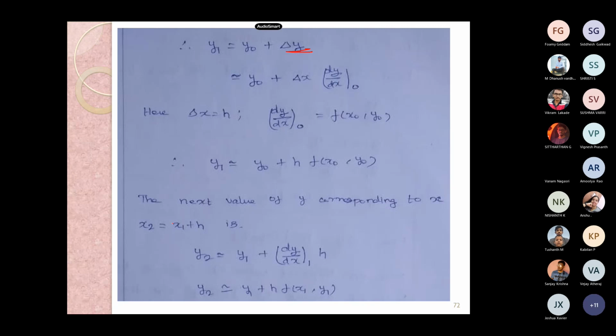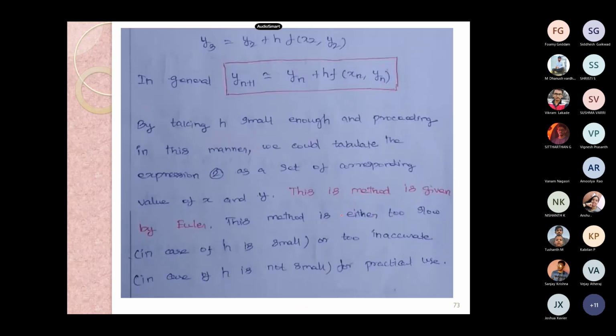So y1 is equal to y naught plus h into f of x naught comma y naught. Similarly, y2 is equal to y1 plus h into f of x1 and y1. So in general, y n plus 1 is equal to y n plus h into f of x n comma y n. That is the general formula. In general, this is the Euler method.